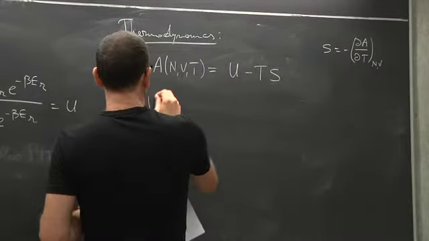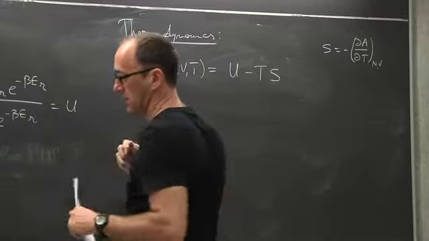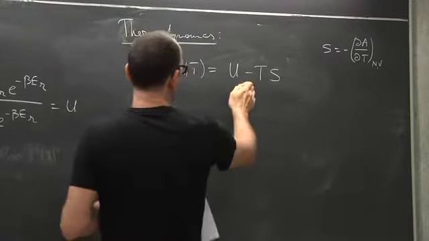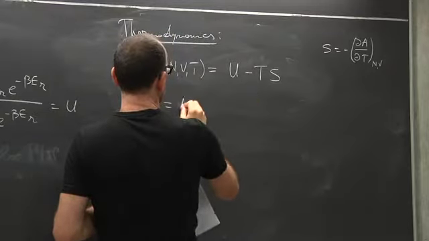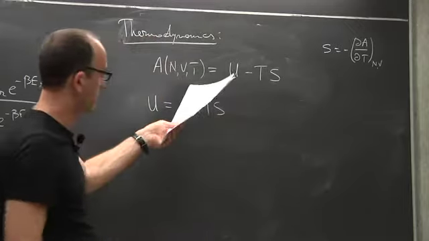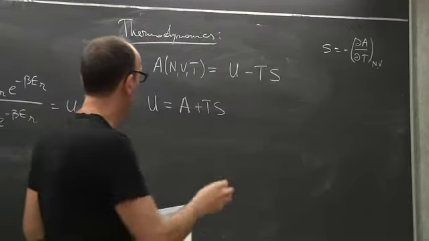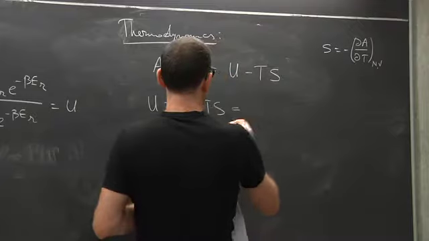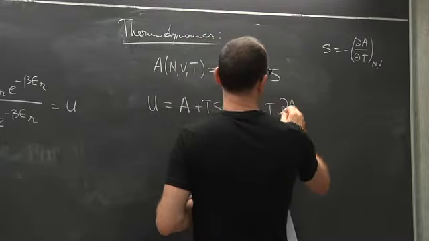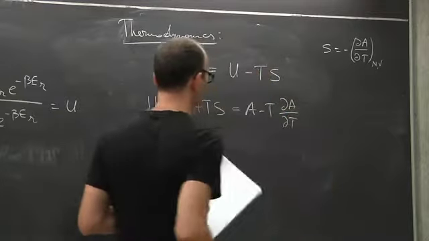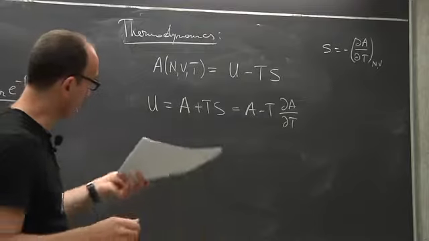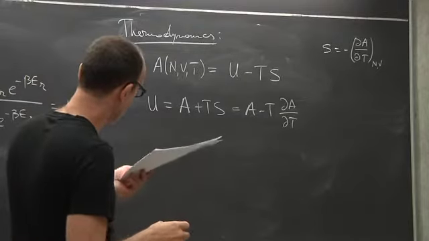So with this, we can compute the average energy and compare it to this formula. The average energy is A plus Ts from this relation here, so it is A minus T times dA/dT. I'm always considering N and V finite, so I'm not writing it.